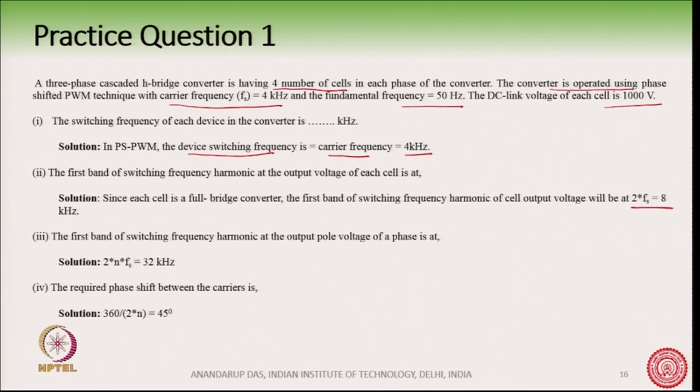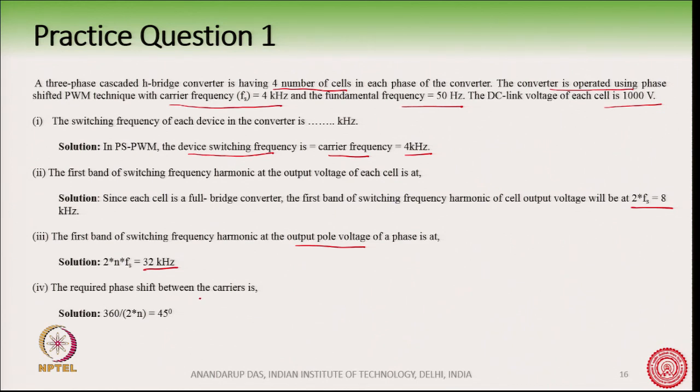Now, the first band of switching frequency harmonics at the output pole voltage will be 8 times 8 kilohertz... we have obtained 8 kilohertz from one cell, and there are 4 cells, so this will be 32 kilohertz.